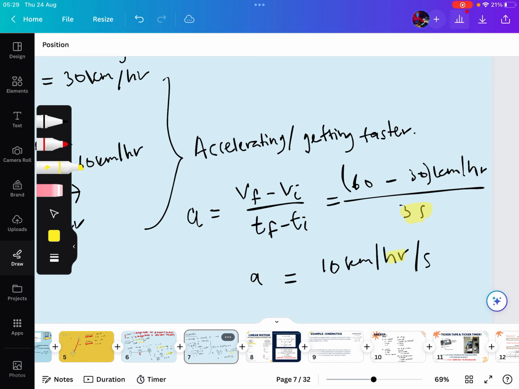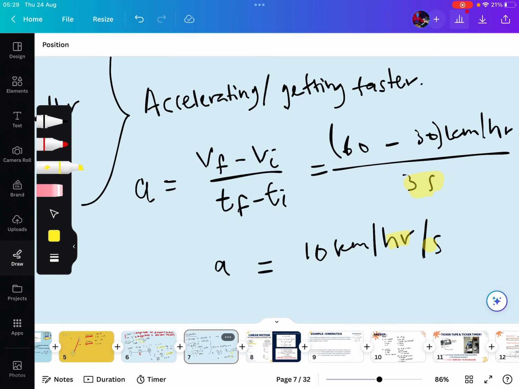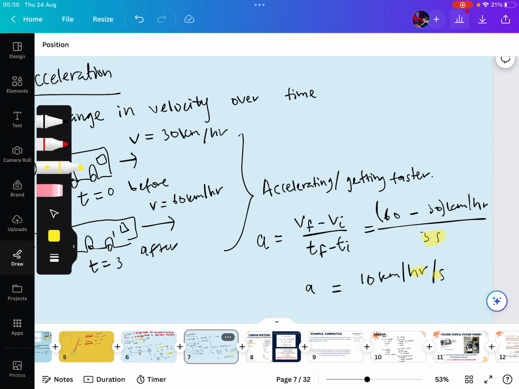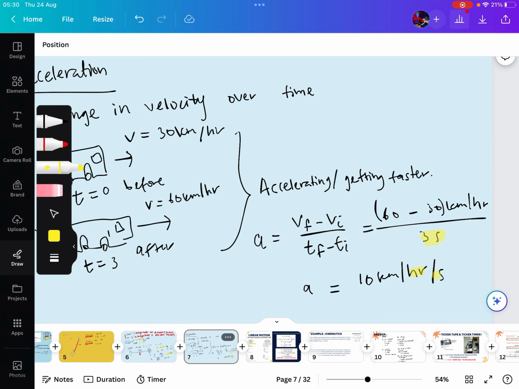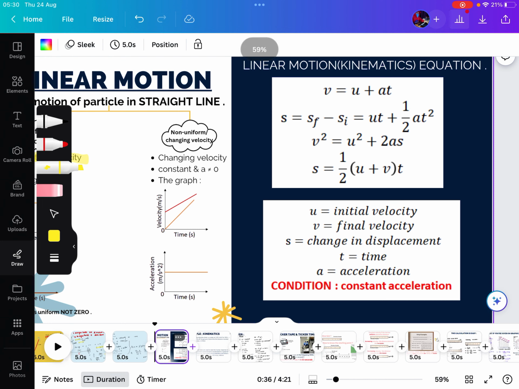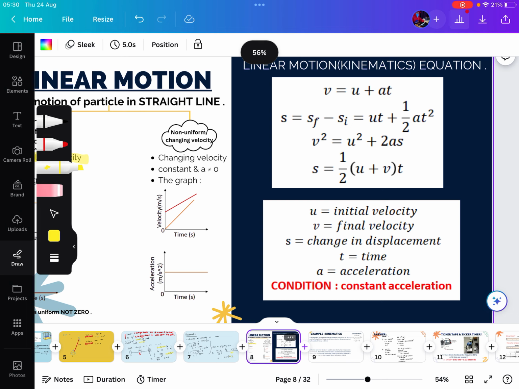It's not a problem to leave it like this, but for consistency I prefer to change it into one unit of time. All right, so that's just formalism. Okay, then we move on to this subtopic, linear motion.